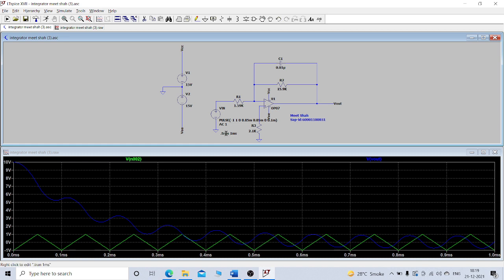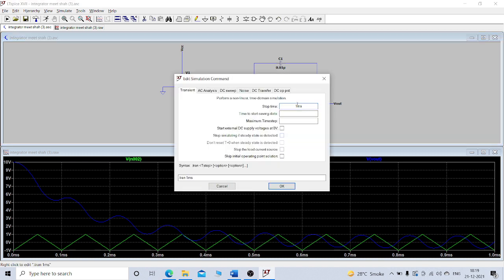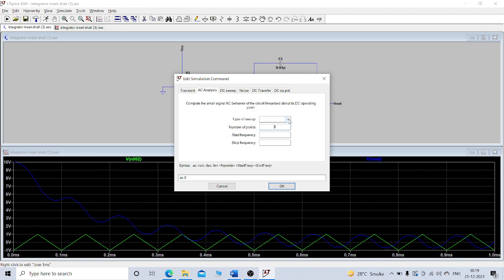Now to find the frequency response, we change it to decade.